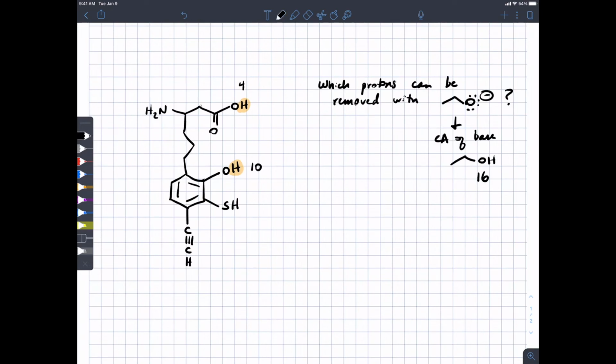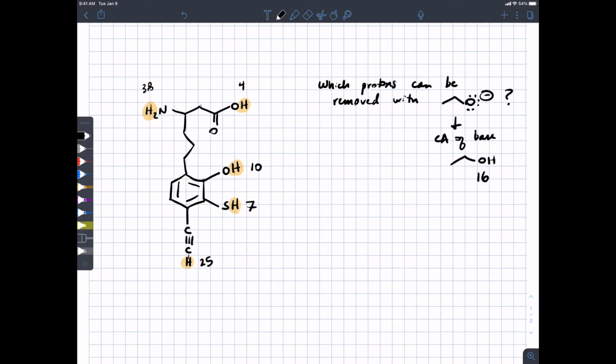We'll say that this sulfur group has a pKa around 7, and then this alkyne proton has a pKa of around 25, and then I guess we need to pay attention to the proton on the amine, which should have a pKa of 38.